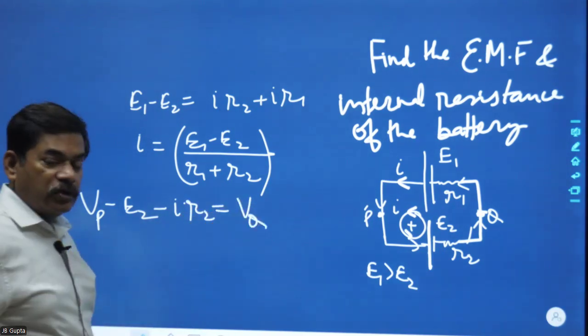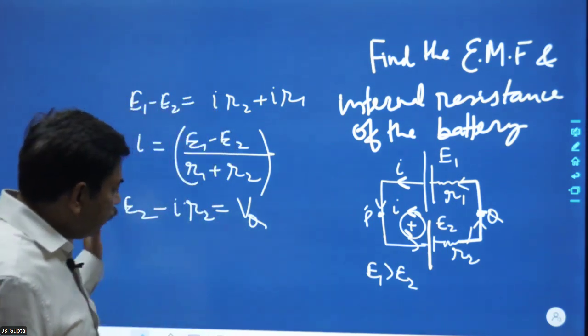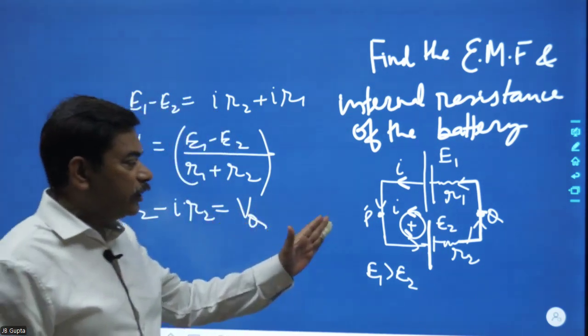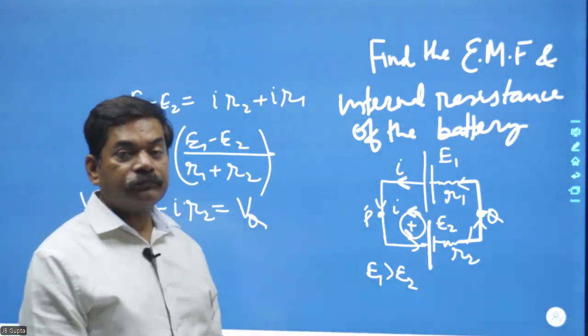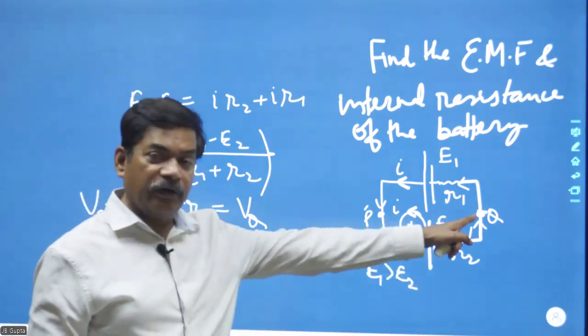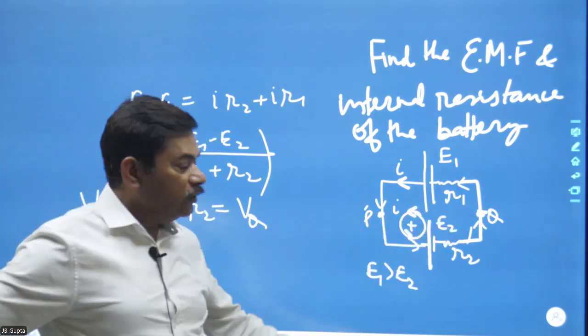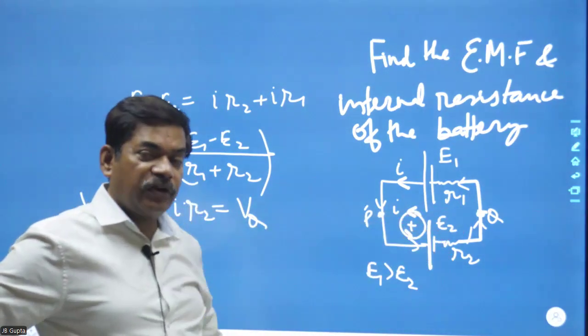That will be called VQ. So students, this is slightly different from how you took the sign of I into R when applying Kirchhoff's laws. Here, when you want to calculate the potential difference between two points, learn this: start from the point P, reach the point Q, select any path.